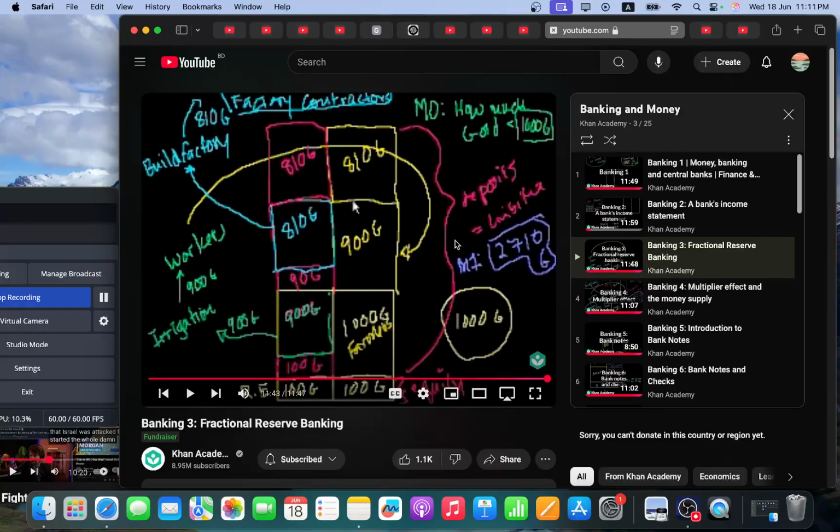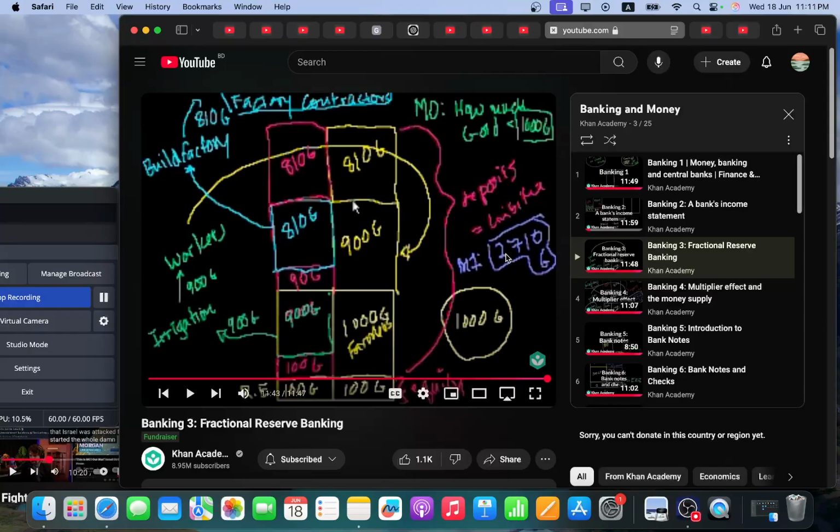And if we define money as M1, that would mean how much money is there in the checking accounts. So in the checking accounts, we have 810, 900, and 1000. So in total, that is 2710. This is the overall wealth that has been generated from just the actual physical underlying asset of 1000 coins.